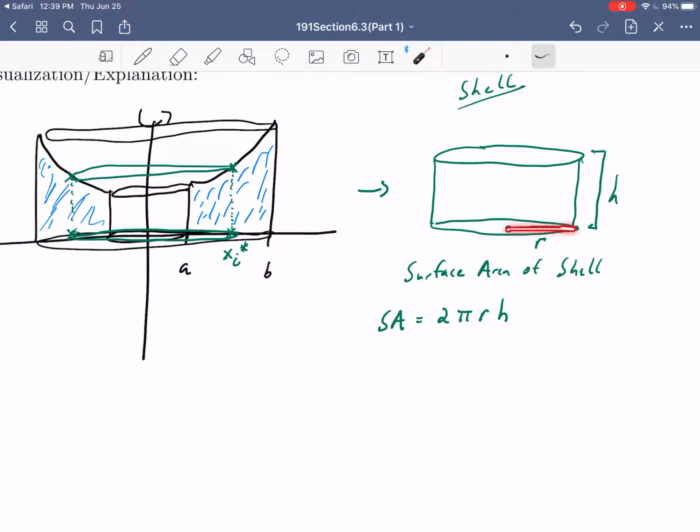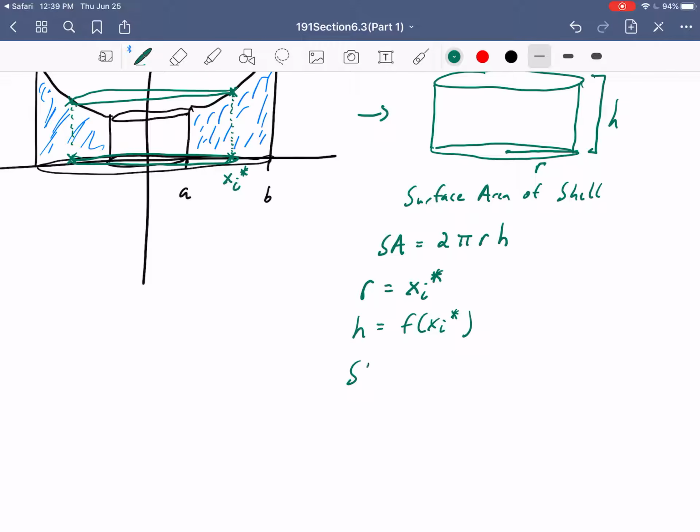The radius is this distance here, the distance from our choice to that axis. Notice that that is exactly just that x_i star. So our radius is going to be that choice of x, that x_i star. And then the height, of course, is from here up to here, which is our function. So the height would be that function at that x_i star.